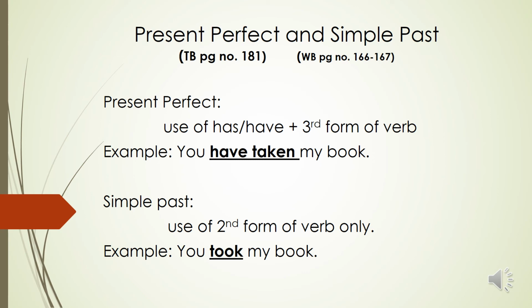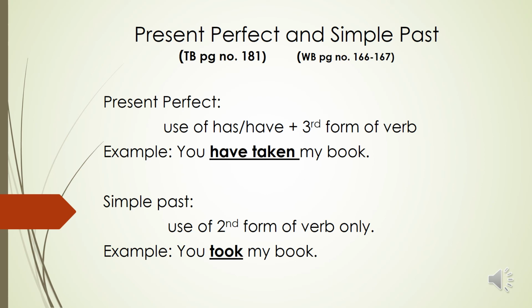For the simple past, we use the second form of verb only. We don't use has or have and we don't use third form of verb. We just use the past form of verb, which is the second form of verb. For example, you took my book. Here, took is the second form of verb and it is used in the sentence which is showing simple past.